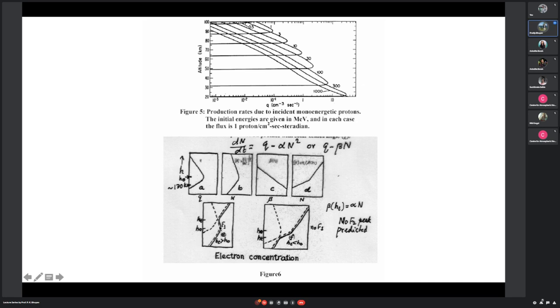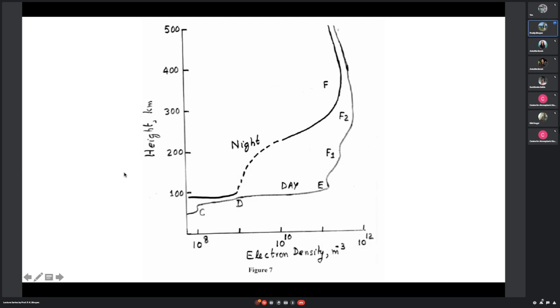You can see some parabolic shape is there, and then these two dash curves are for alpha Chapman and beta Chapman, and the transition height is somewhere above that H naught, and therefore we are getting F1. But if it is below H naught, you do not get that F. It will continue to increase. That is according to Chapman's theory. Okay.